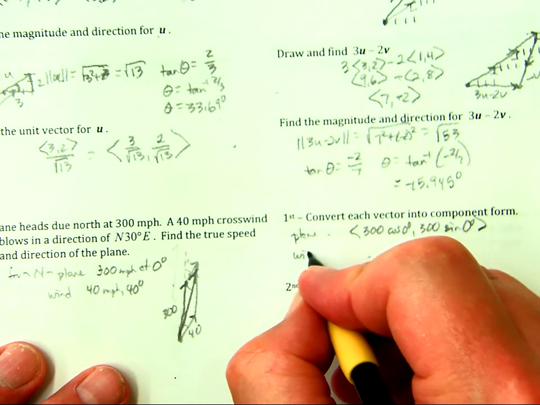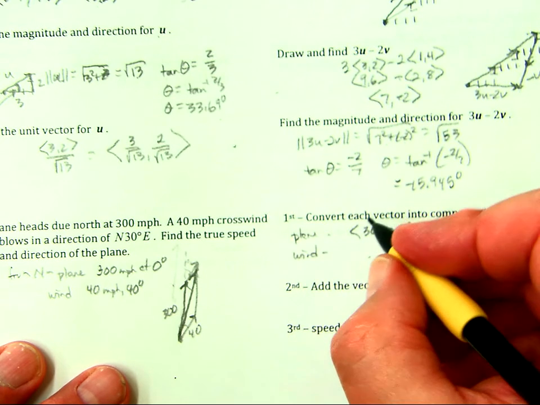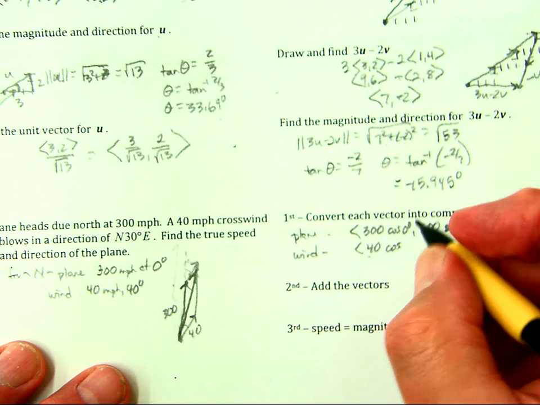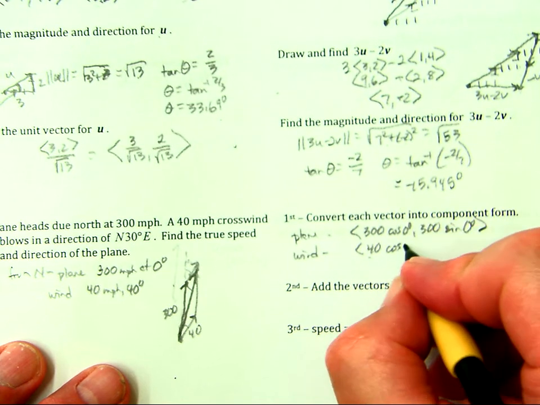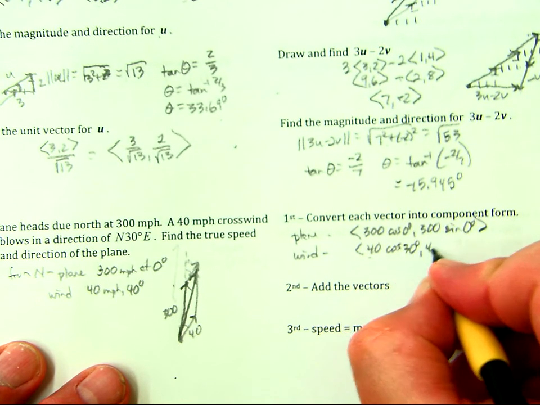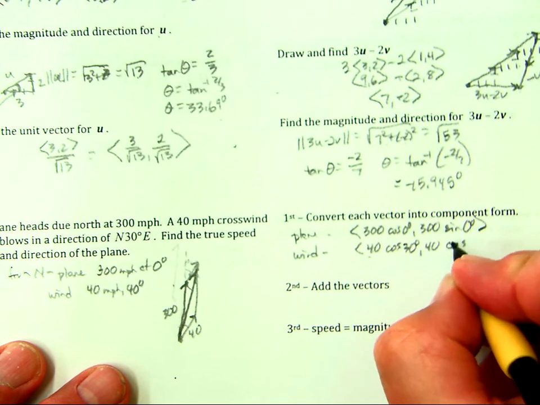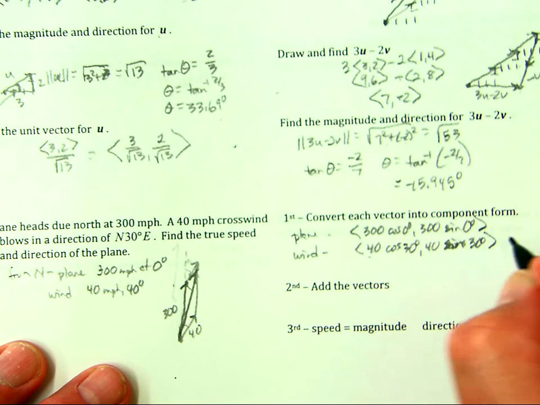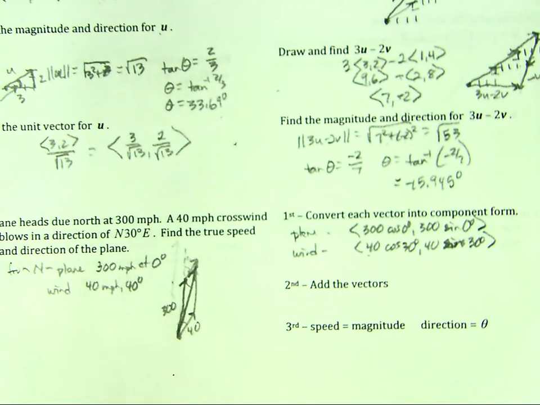The wind, its magnitude is 40, so that'd be 40 cosine of 30 degrees, 40 sine of 30 degrees. That would be the component form from north.